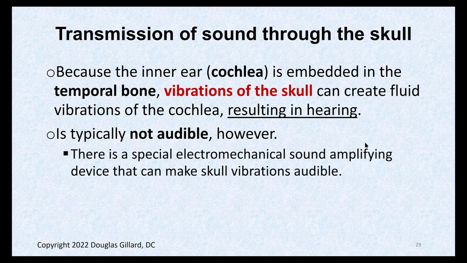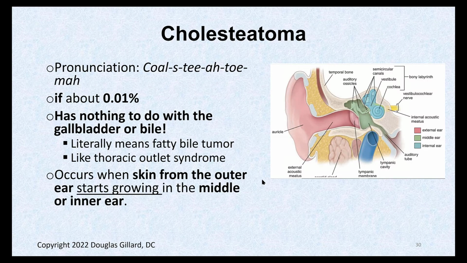You can't hear basically anything, but you can kind of hear muffled sounds. There are some special electromechanical sound amplifying devices that can take those skull vibrations and amplify them to the point where you can hear. People who have no auditory ossicles or whatever their problem is, there is a way that they can hear through this mechanism.